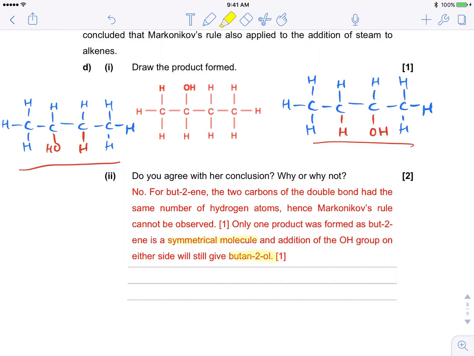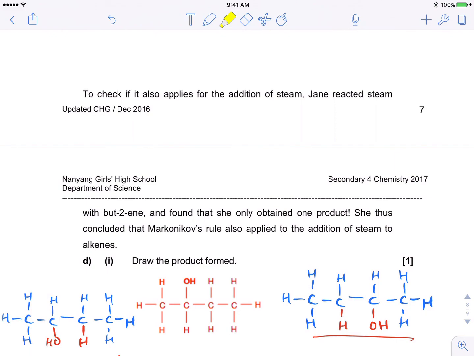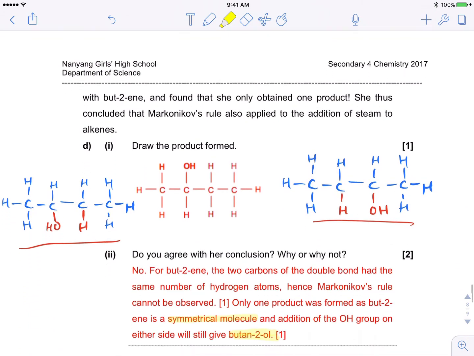Some of you said that because water is not a hydrogen halide, that's why it doesn't work. Actually, what she wants to do is to check if this rule of the H adding to the C with more H also applies to the addition of steam. So she's checking if that's the case.